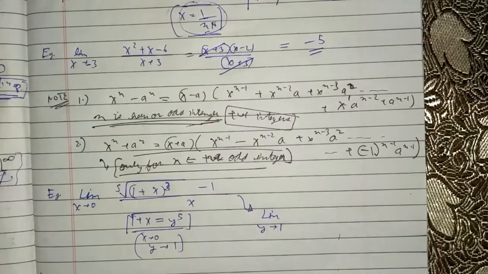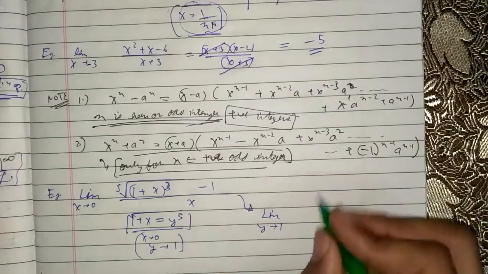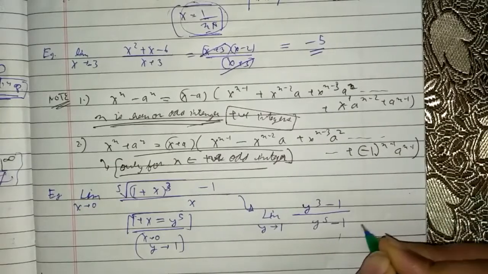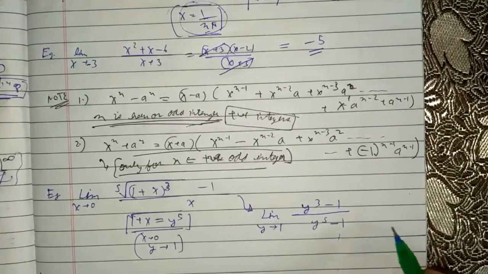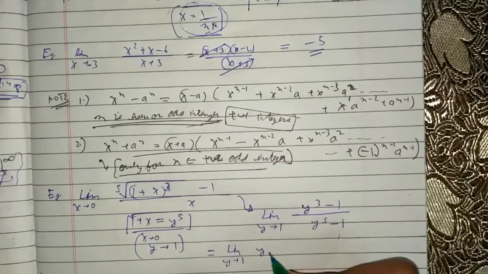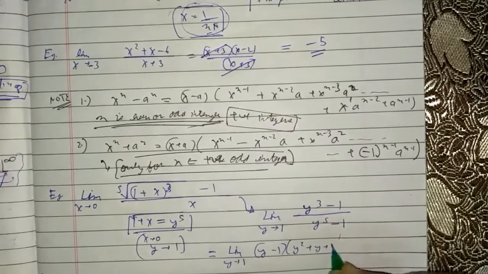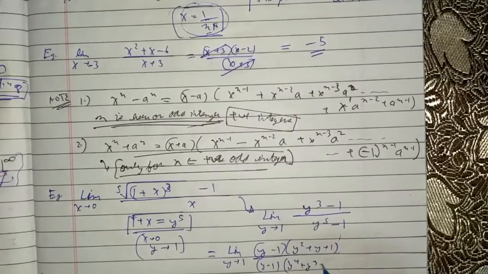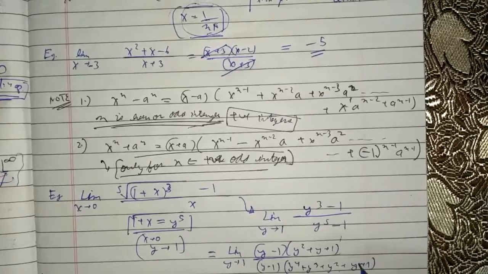So it converts to limit y tends to 1 of (y cube minus 1) divided by (y to the power 5 minus 1). So we can easily find this as limit y tends to 1 of (y minus 1)(y squared plus y plus 1) over (y minus 1)(y to the power 4 plus y cube plus y squared plus y plus 1).